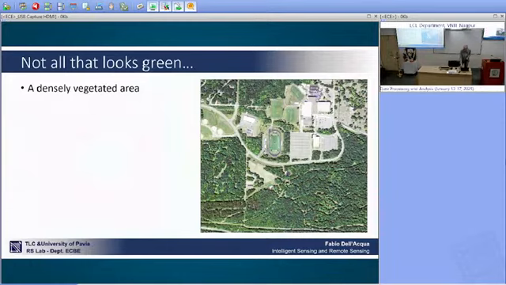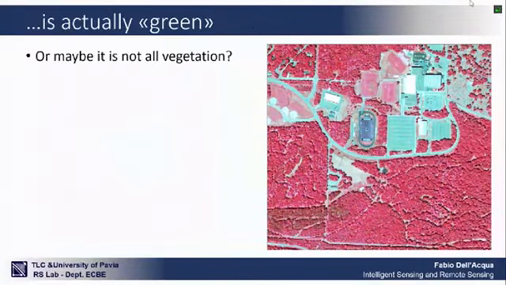I have another example here, which is typical in the remote sensing community. This is the natural color image of a certain area. It's a university campus with a football field. Everything seems very much vegetated, but if you switch to near infrared, to infrared color representation, you can easily notice that this vegetation was actually fake.